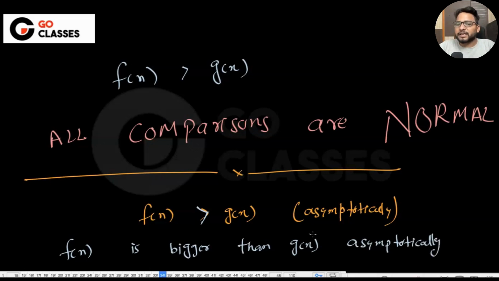No one uses this greater or lesser in asymptotic notations. This is not a formal notation if you want to do it asymptotically. Whenever someone says Fn is greater than Gn, it means a normal comparison only. In Qj also, I will give some questions where I will be using this notation.